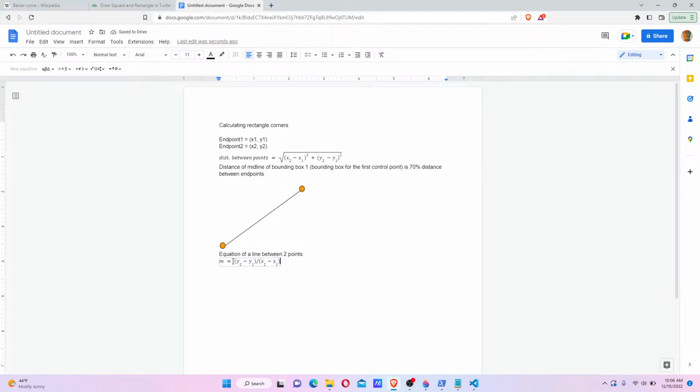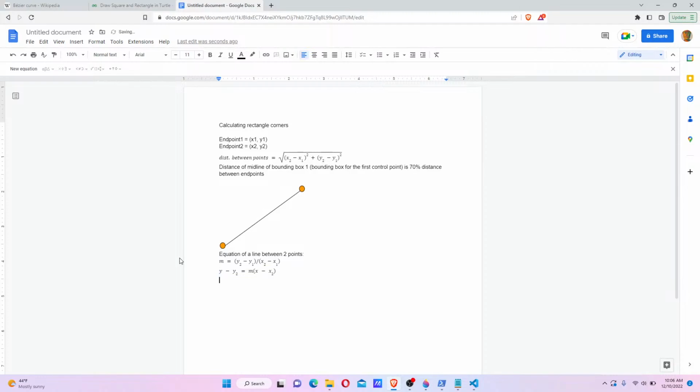So that's the slope. And then point slope form, you have y minus y2 is equal to m times x minus x2.